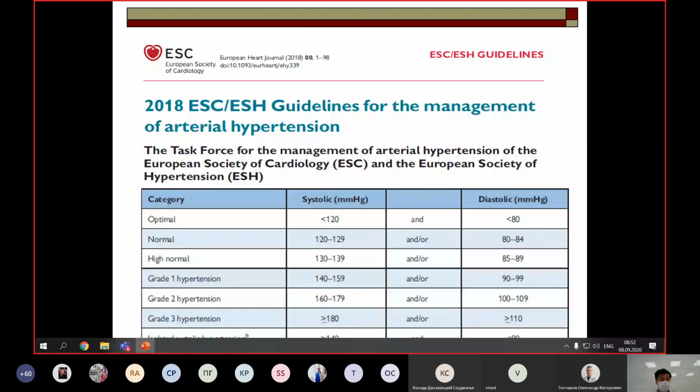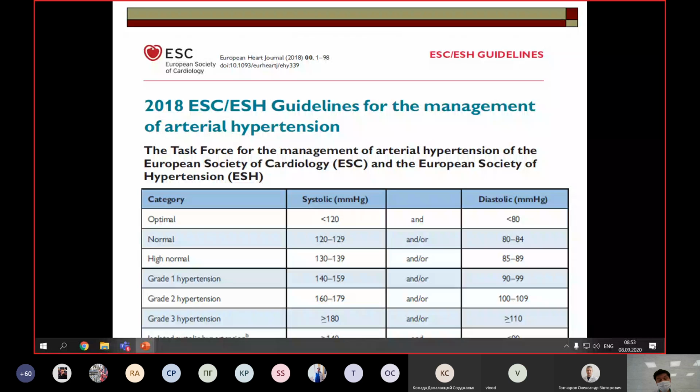For instance, in grade 1 hypertension, a patient might have average systolic BP of 140 to 159 and diastolic 90 to 99 respectively. In grade 2, a patient might have an average BP of 160 to 179 millimeters of mercury for systolic and diastolic 100 to 109.